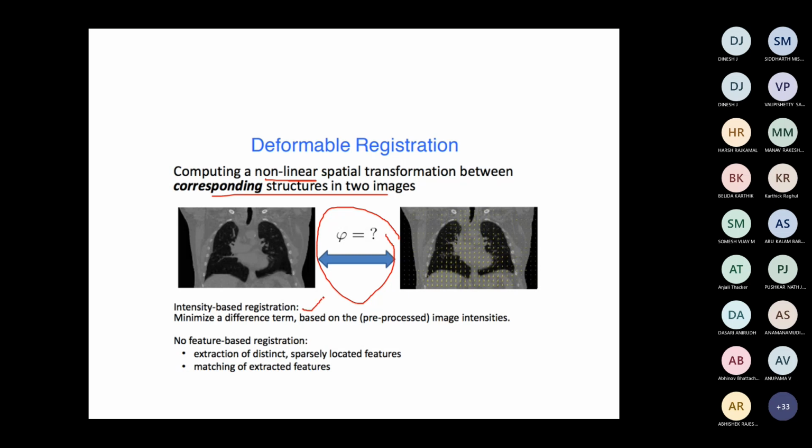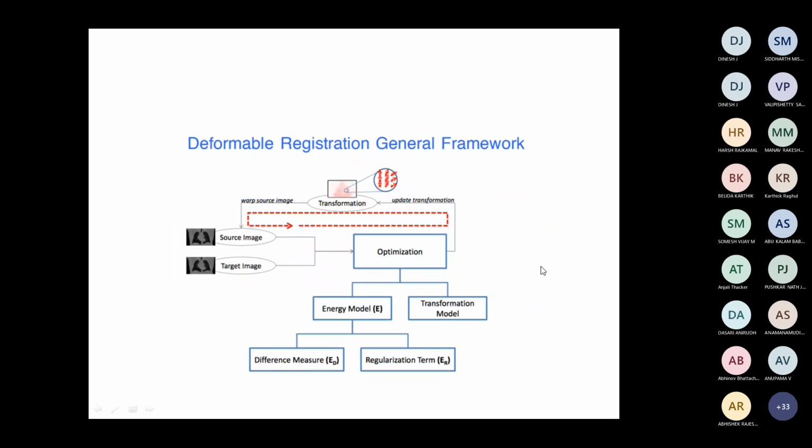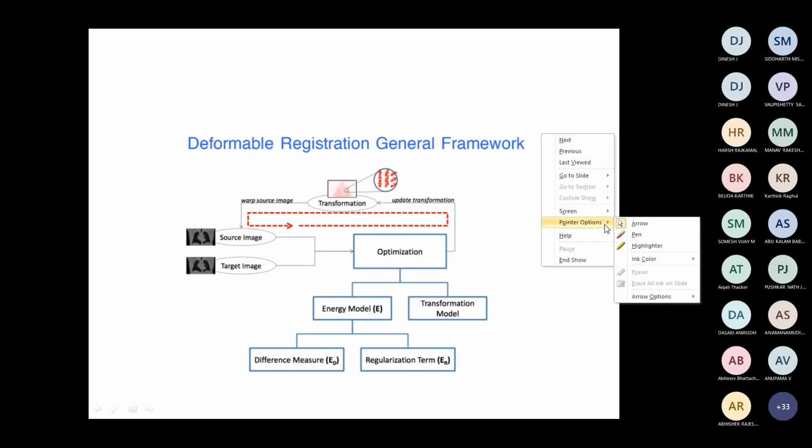If we are doing it based on intensity, we have to minimize the difference term based on the image intensities. If it is feature-based registration, then we can extract distinct sparsely located features and match the extracted features.